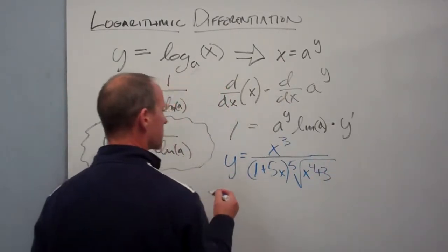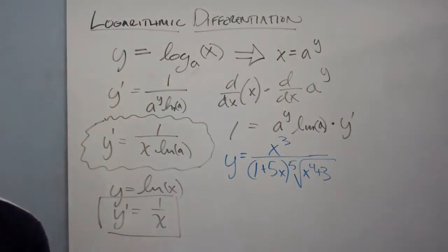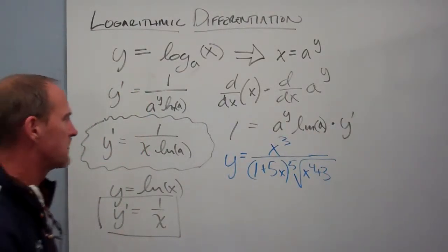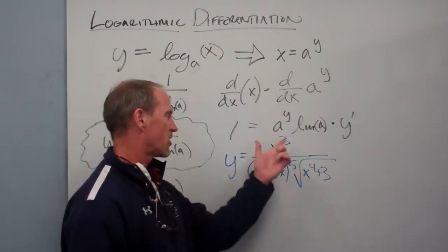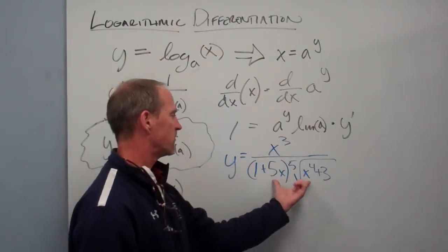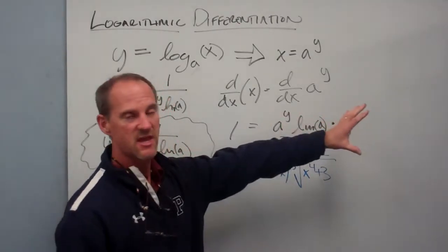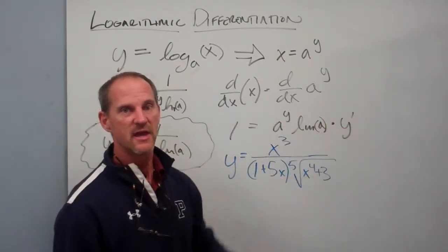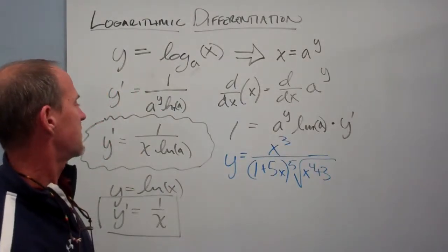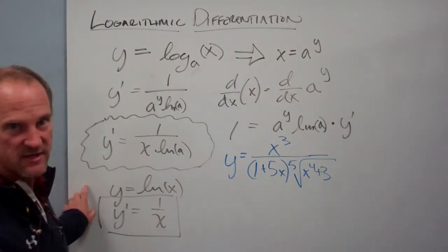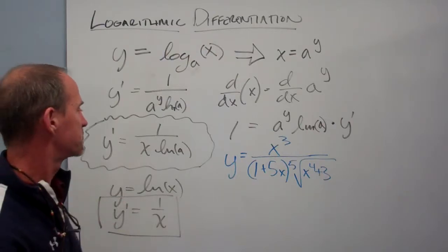If we're going to take the derivative of that, we could do it old school, which would be a quotient rule, and then the derivative of the numerator would need a product rule, so it would take an awful lot of space, maybe half an hour. But by using logarithmic techniques, we can break it down and do it much more quickly.